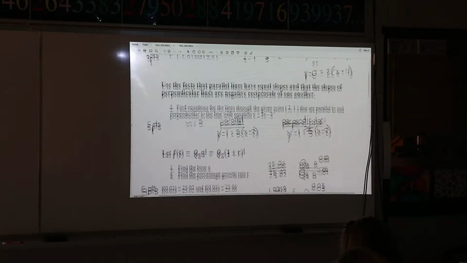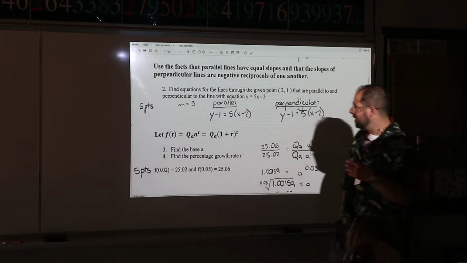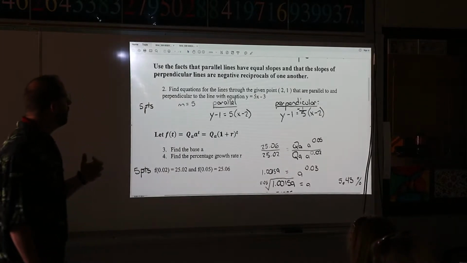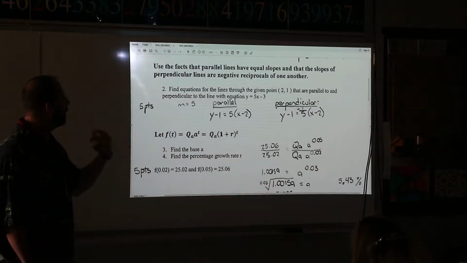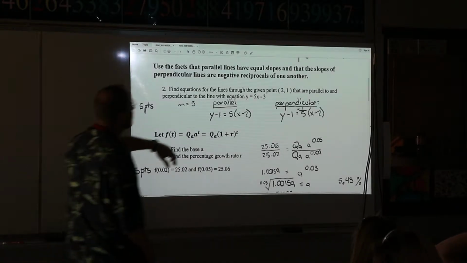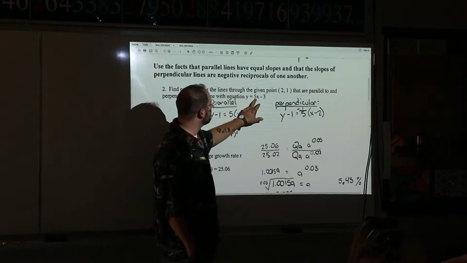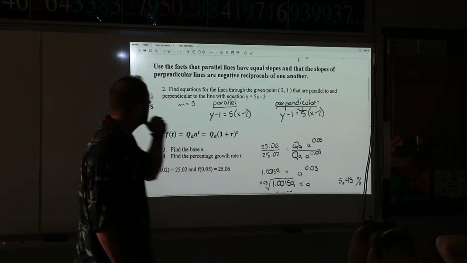Okay, number 2, you had to find parallel and perpendicular. Really the only mistake that I saw somebody make that was pretty normal was plugging the numbers, like the 2 and the 1, in the wrong spot by accident, just going too quick. But usually people are finding the slope correctly, like using this slope, which is 5, in the parallel one, and then the slope for perpendicular is where you do an opposite reciprocal, you flip it over and make it negative.